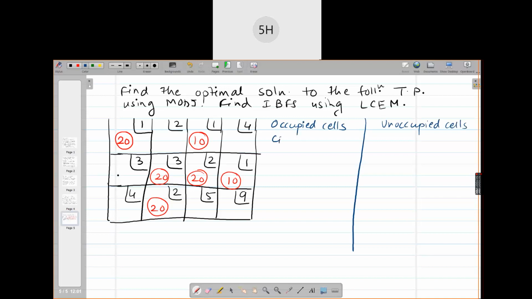So the formula is Cij is equal to Ui plus Vj. Dij is equal to Cij minus (Ui plus Vj). So this is to be done for occupied cells.